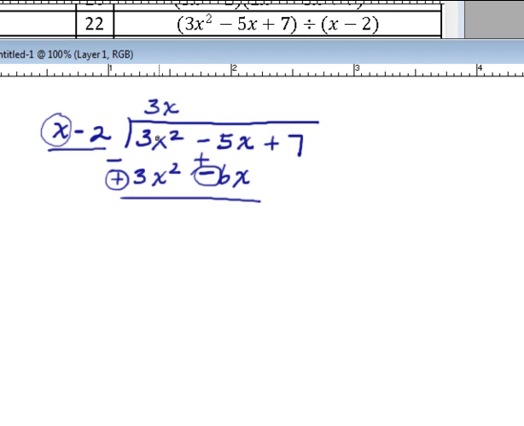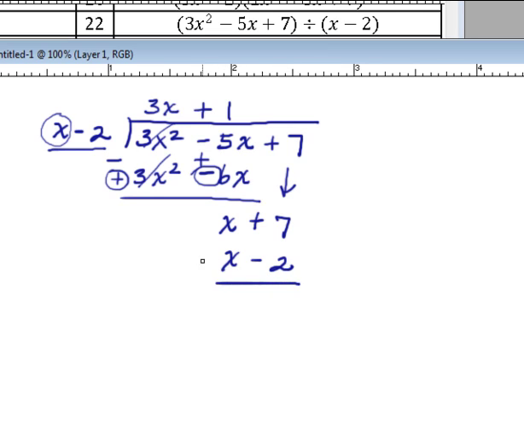That's the same as subtraction. So these terms cancel, and here we have minus 5x plus 6x, that's a plus x. And now we bring down the plus 7. And now we do the division again, x divided into x, that's 1, plus 1. Now multiply 1 times x minus 2, that's x minus 2.